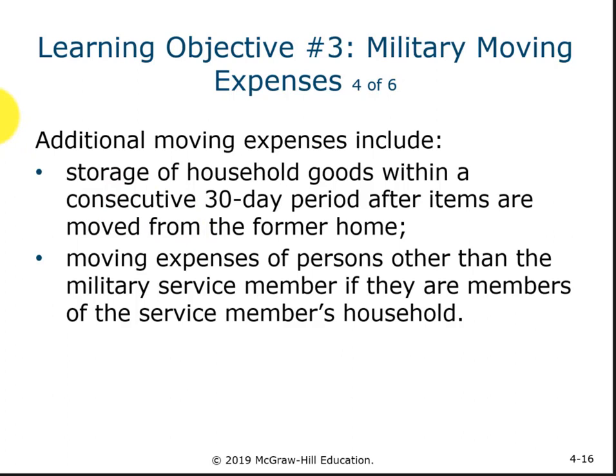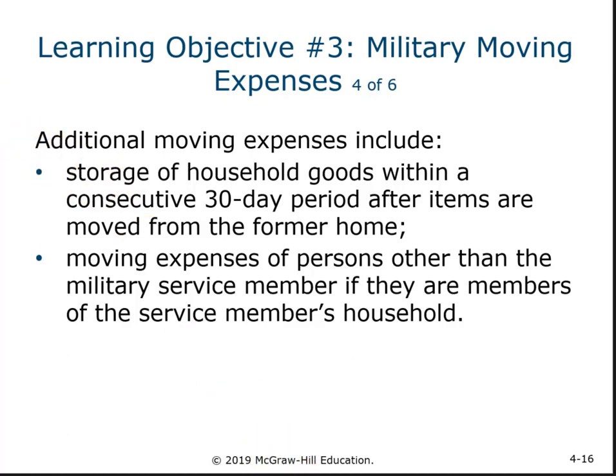So storage of household goods, 30 days. Moving expenses for the rest of the family, part of their household, that may not be reimbursed. That cost of them getting there, if they have to fly, or if they have to have a bus ticket, or if they have to drive.